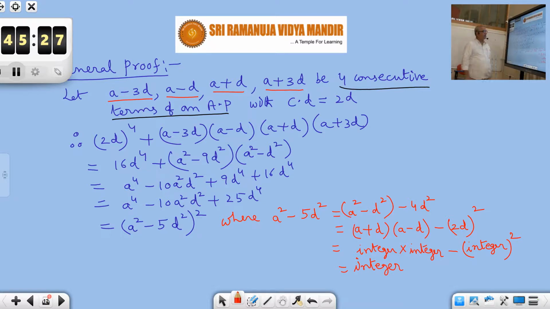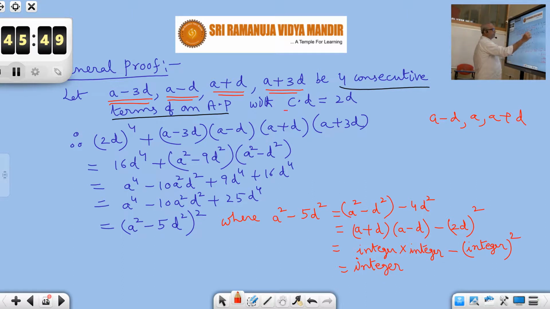This already I have explained in a class. If 3 terms are to be taken in an AP, you take them as A minus D, A, A plus D. If 4 terms are to be considered in an AP, it is better to take the numbers in this form. So let these be 4 consecutive terms of an AP.